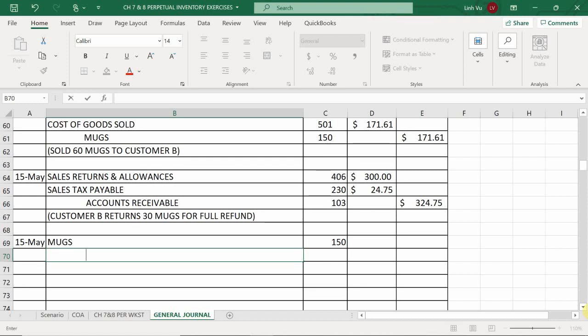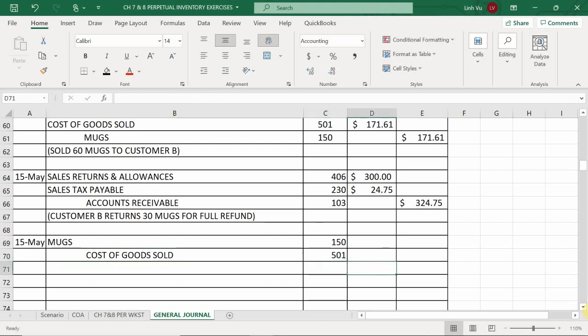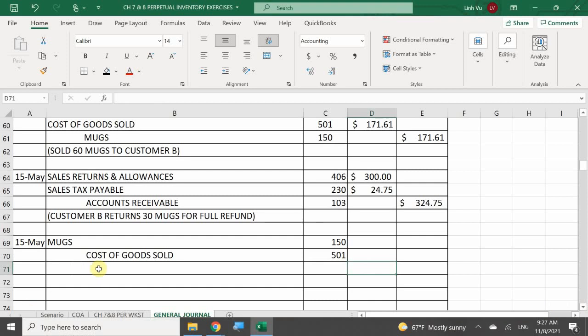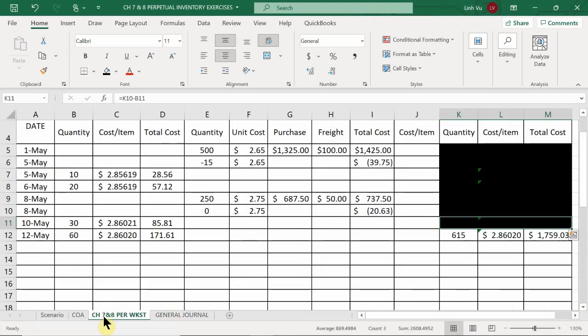You have to undo it because it's a refund. It's a return. So therefore, you have to undo the cost of goods sold, which is account number 501.